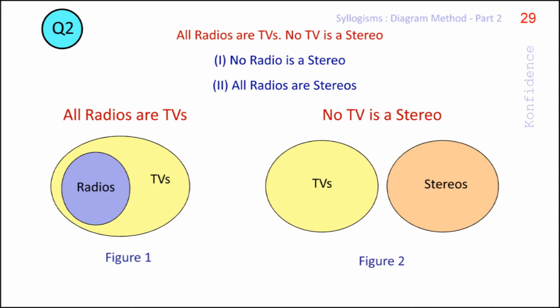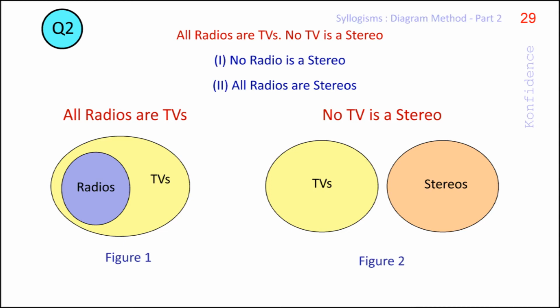Now that we have drawn the diagrams representing the individual premises, there comes the all-important step of combining the two diagrams. Here, we keep the diagrams as they are, and the combination diagrams are imagined in the mind. Since radios should stay within TVs and TV should not touch stereo, we can see that radios and stereos will not touch each other.